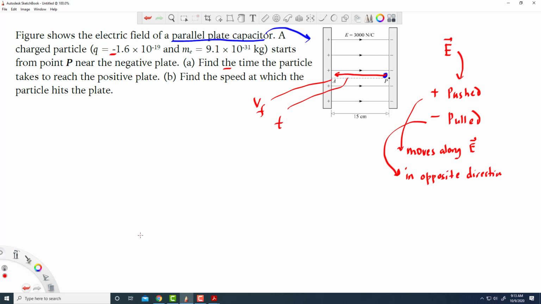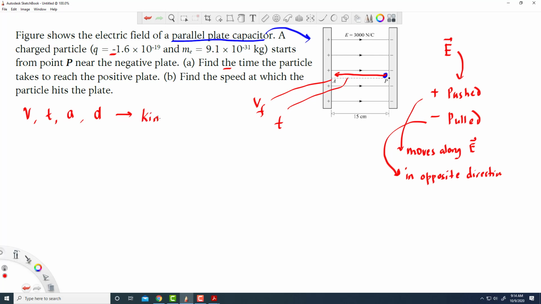If you remember from your physics 1, there are 2 ways to find this kind of variables. Whenever it comes to velocity, time, acceleration, distance, these things are something that we see in kinematics.